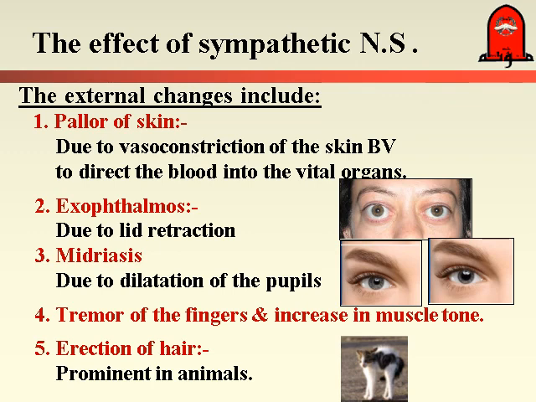It occurs due to lid retraction, excessive opening, a large opening of the eye, so it appears as if it is exophthalmos. The other change that may be seen in the eye is mydriasis. Mydriasis means dilatation of the pupil. This is before stimulation and this is after stimulation. As you see here, the pupil is widely opened.